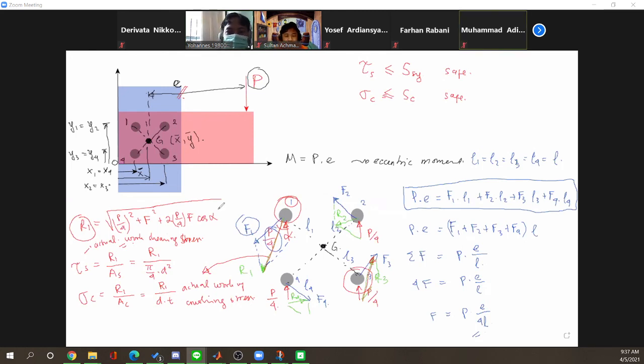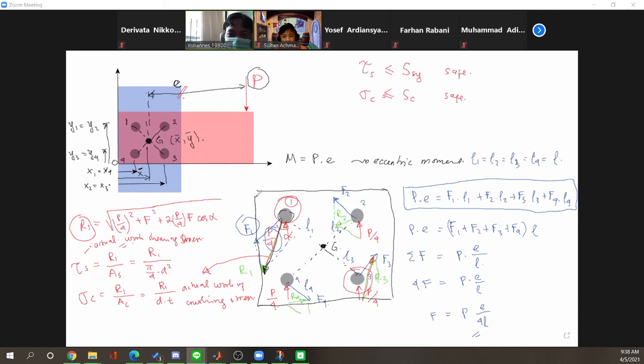So for example, here we take the first rivet as the critical one. So we know that the resultant of forces is directed to here. Then this is our plate here.